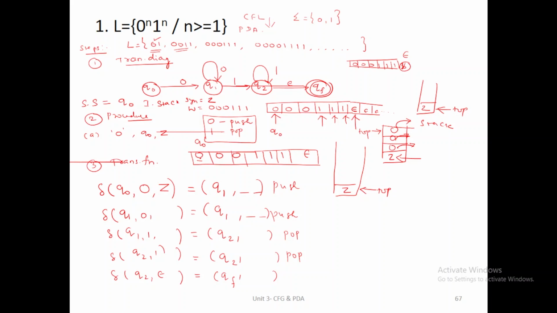Then Q0, 0 means you should push this value on the stack. The stack already contains the Z value. Now if you push 0, 0 becomes the topmost value on the stack. Then what are the two parameters? They are the values stored on the stack: the topmost value and its previous value.